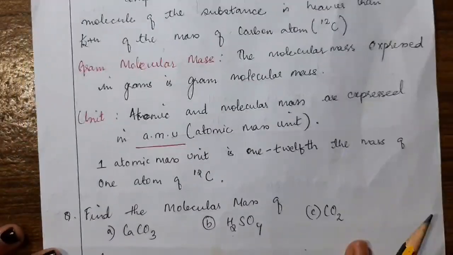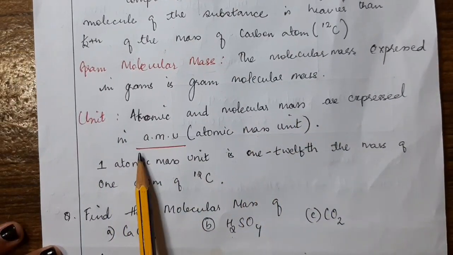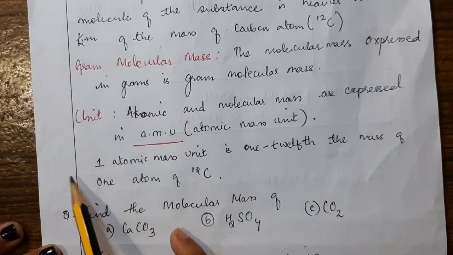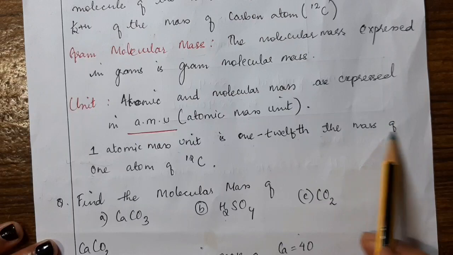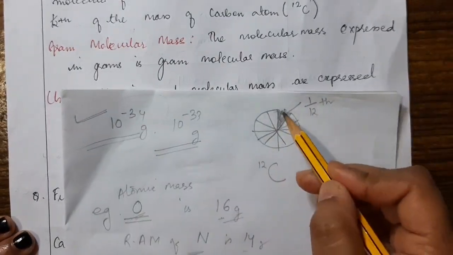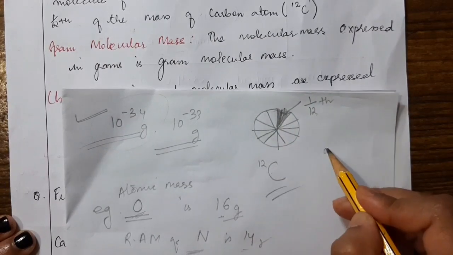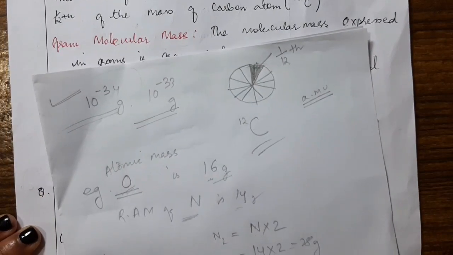Then the unit: atomic mass and molecular mass are expressed in AMU, atomic mass unit. And what is an atomic mass unit? One atomic mass unit is 1/12 of the mass of one carbon-12 atom. So the mass of 1/12 portion of 12C is one AMU.